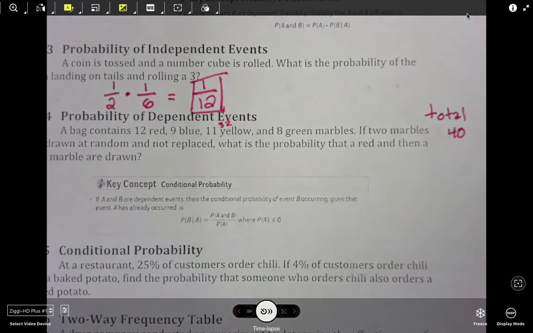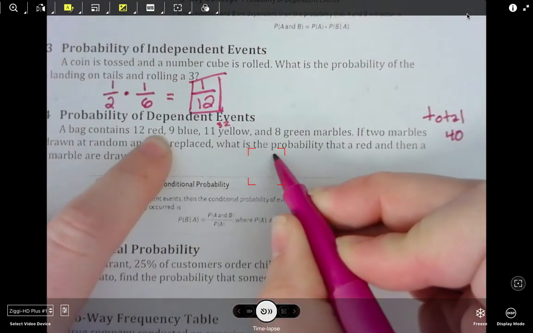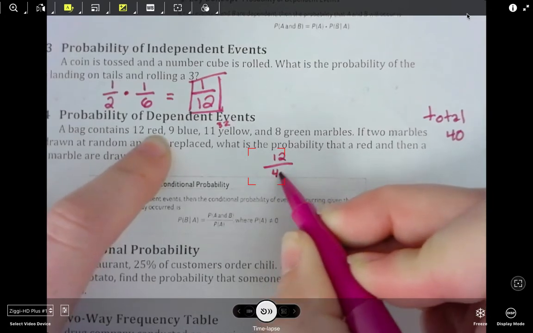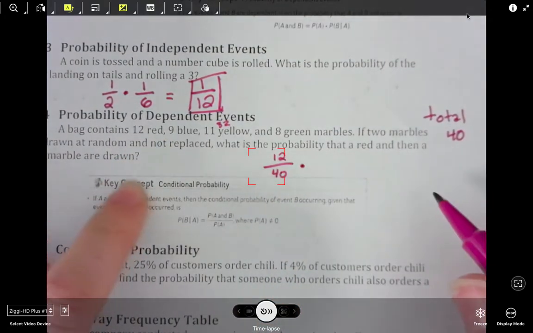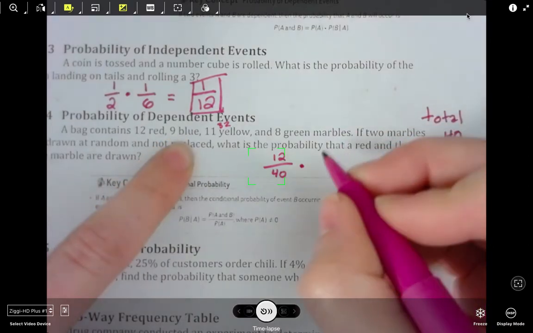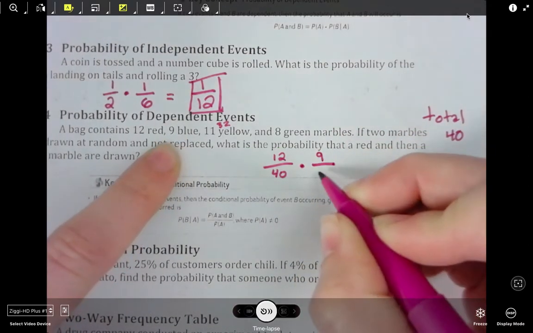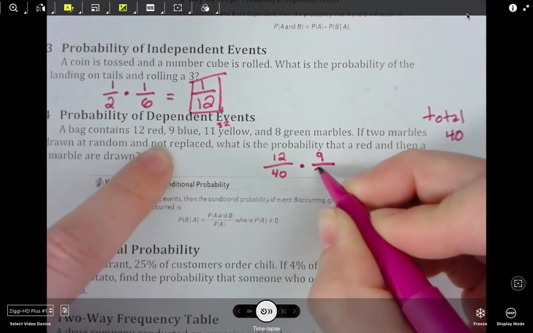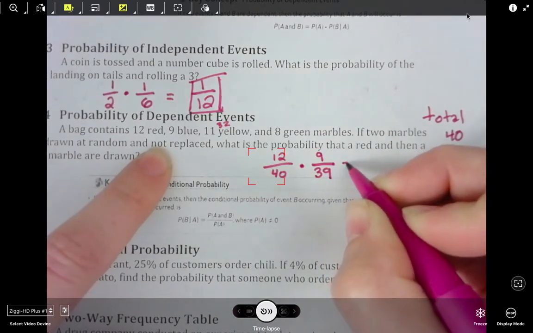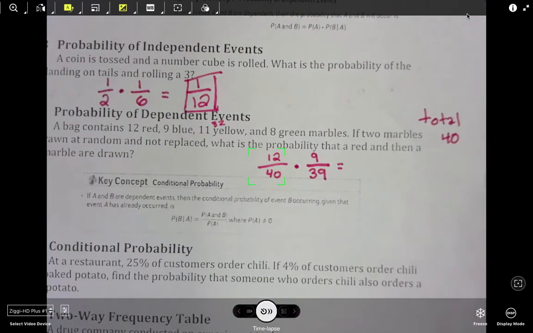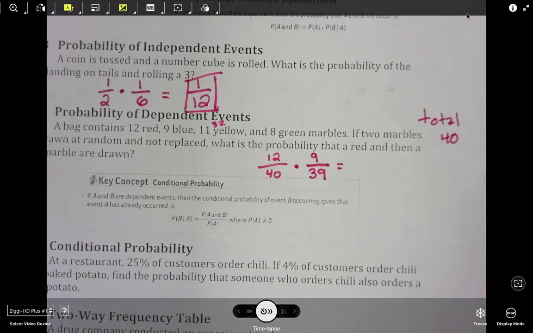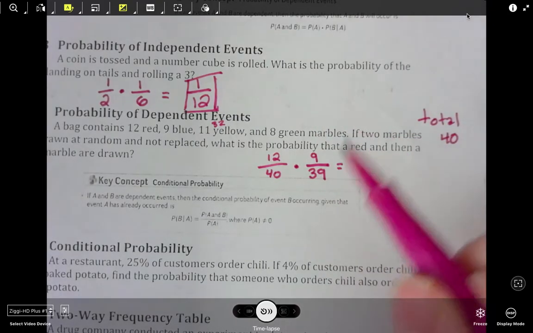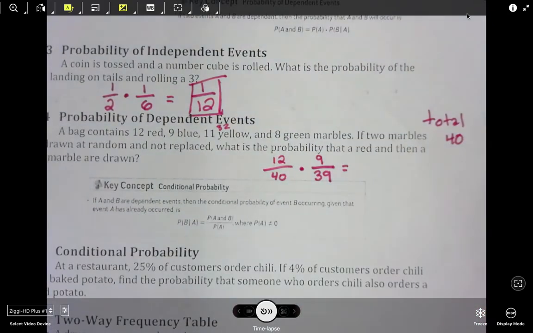So red, there are 12 out of a total of 40, times a blue marble is drawn. There are 9 blue marbles. And now, if I don't replace them, there's only 39 marbles. So 12 over 40 times 9 over 39. What you can do is, if you can reduce any of these, that's a good idea to do before you multiply them. So 12 over 40 will automatically reduce.